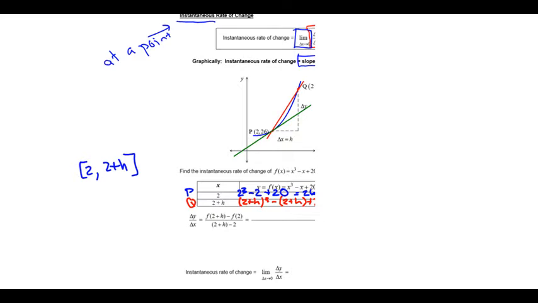So f of 2 plus h comes down to 6h squared plus 11h plus h cubed plus 26.